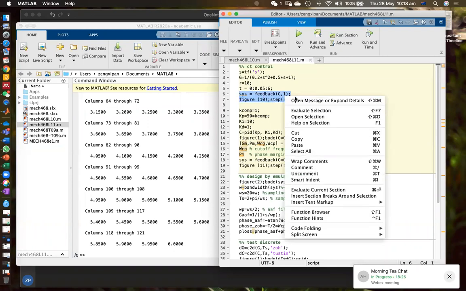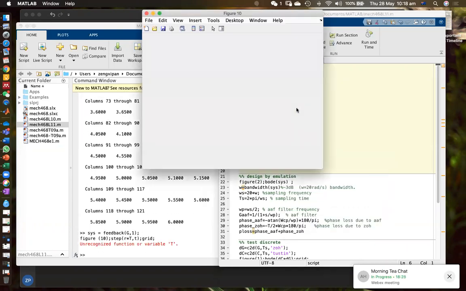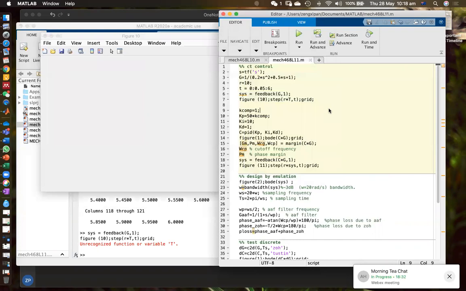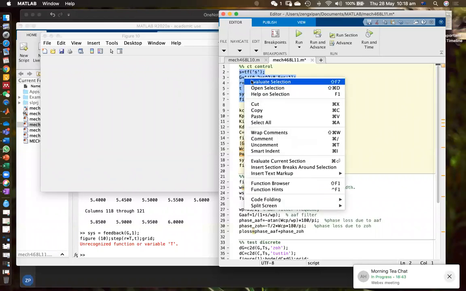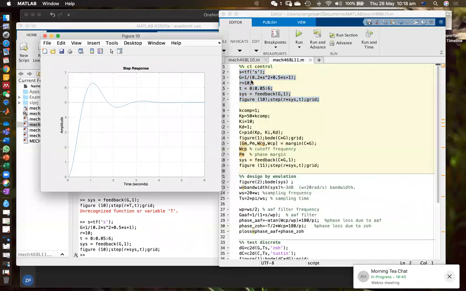Just have a look and see what it looks like at the beginning. Sorry, I changed the code a little bit. Just run this again. So that's the step response of our system.